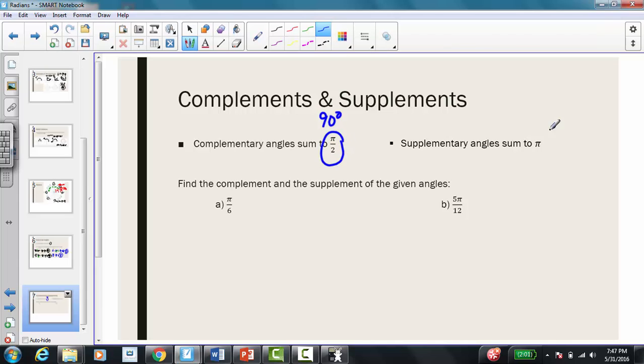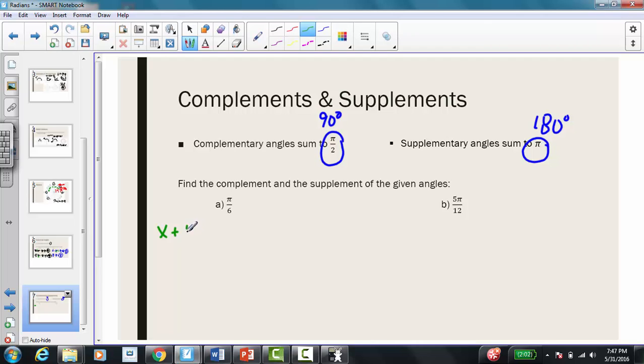And supplementary angles sum to 180 degrees, which is the same thing as pi radians. So if we need to find the complement and supplement of the given angles, here we have pi over 6. Remember these two angles need to sum to equal pi over 2 or pi.